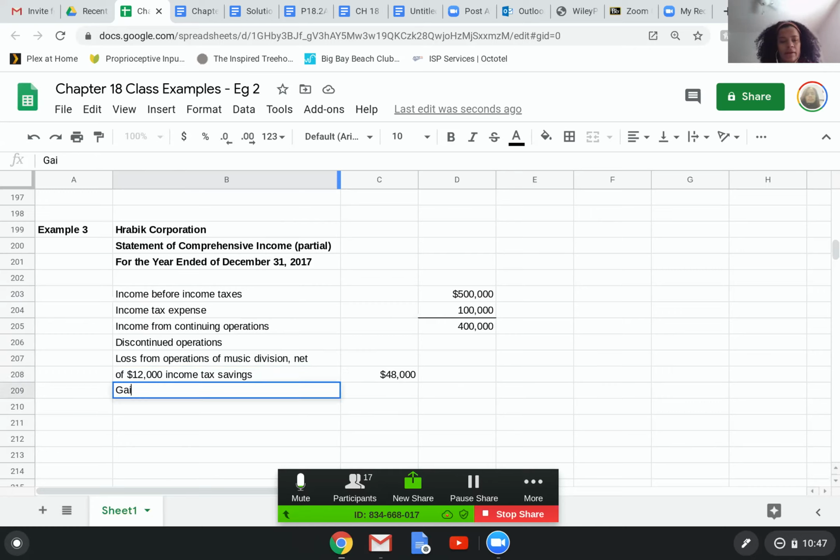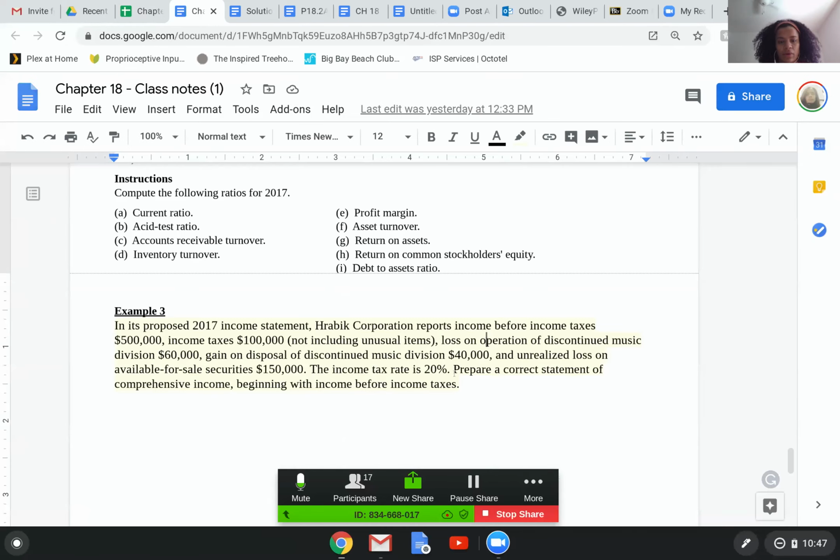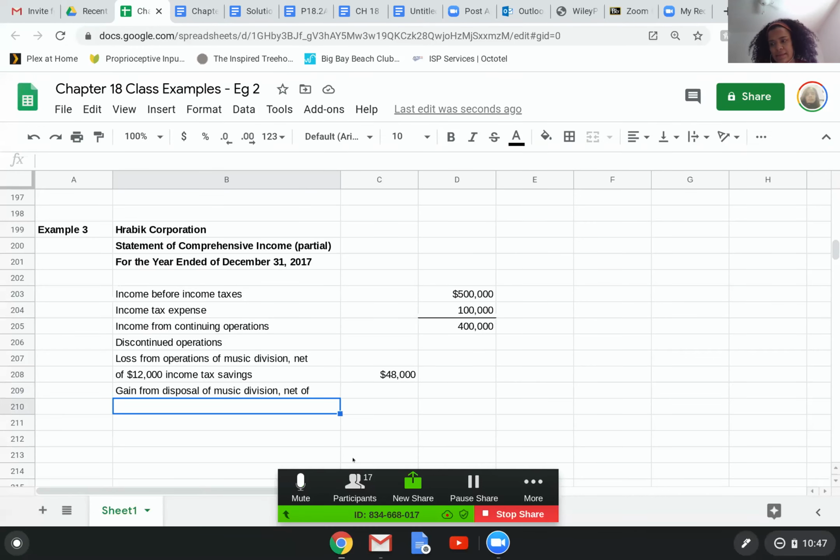All right, now you go for the gain from disposal of the music division. So this is not from operations, it's the whole thing, right? Net of, and because it's a $40,000 gain, it's going to be 8,000.